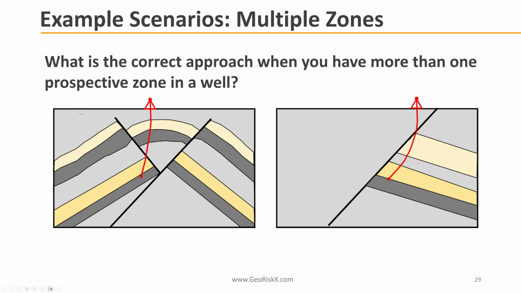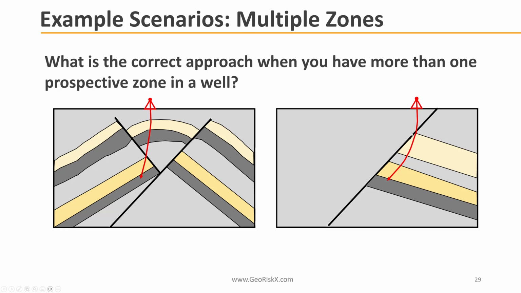And maybe these were different parts of the depositional system when they were deposited. And everything is completely independent here. So a failure in this zone means nothing for this zone.